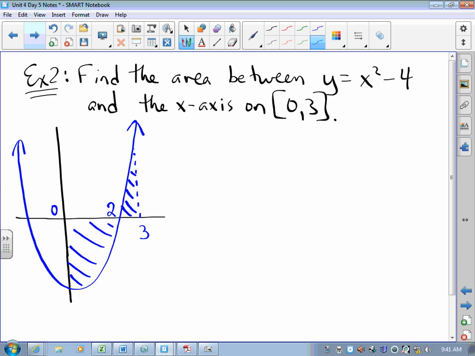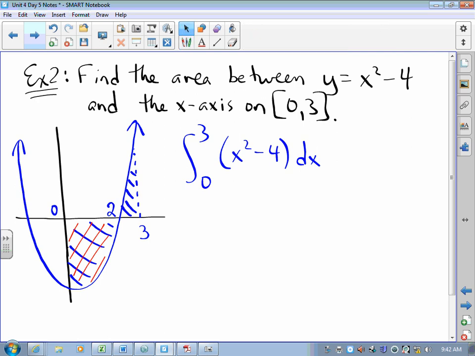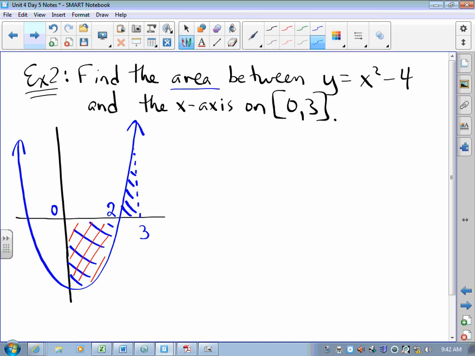Now, you and I both know that this area is below the x-axis, so the integral value there will be negative. So I can't just say integral 0 to 3 of x squared minus 4 dx, because if I do, then some of the negative area is going to cancel out with some of the positive area, and I'm going to get a not true number when it comes to area.